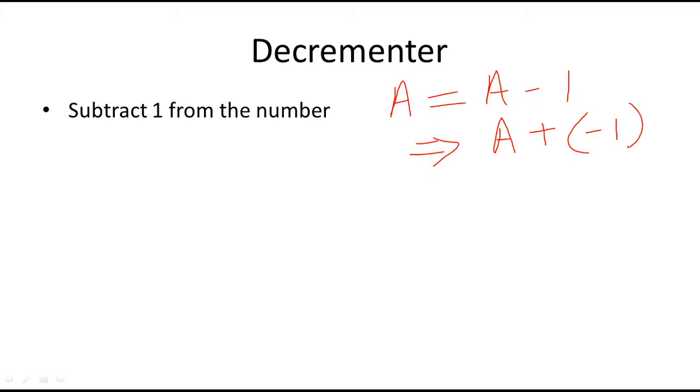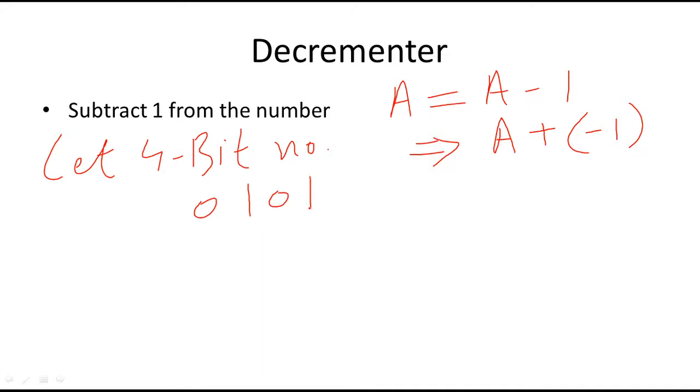So let's subtract 1 from a 4-bit number, 0 1 0 1, let's say. For minus 1 we just need to take the 2's complement of our binary one.